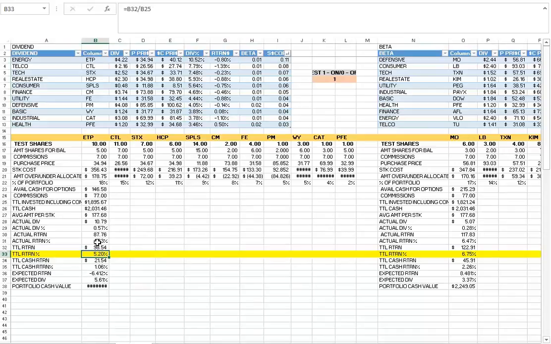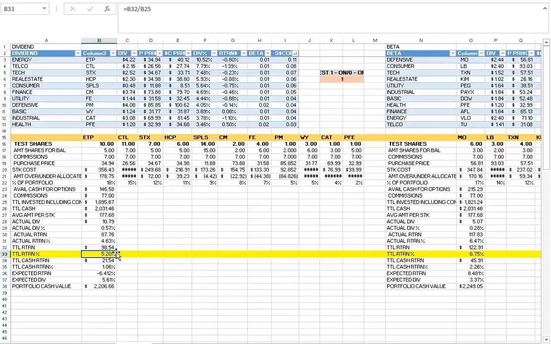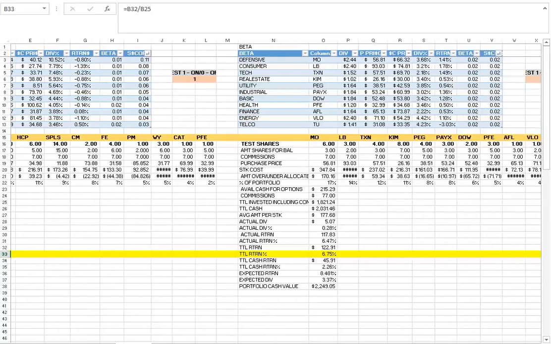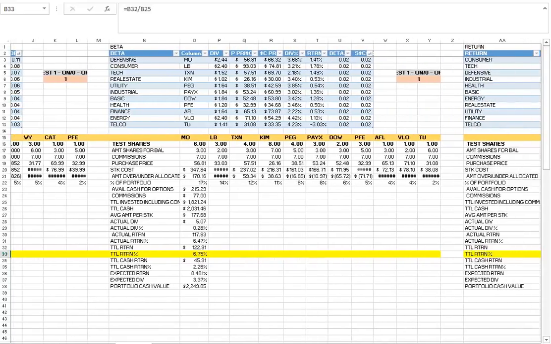So let's scroll a little bit and see what type of returns we get and for which portfolio. For the dividend portfolio from December 31, 2015 till September 2nd of 2016, this portfolio has given us a 5.2% return. This next portfolio is the beta.